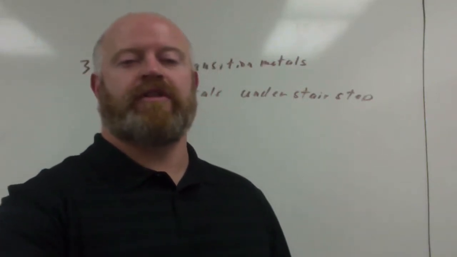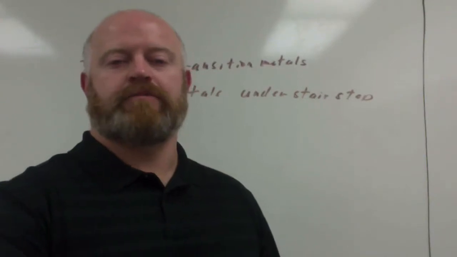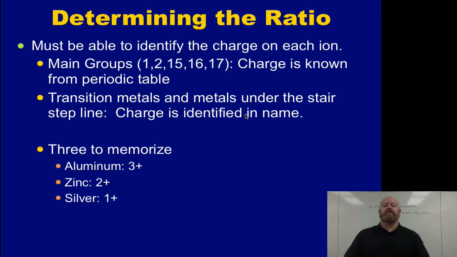When we work with these metals, by writing out the compound, we wouldn't know their charge. So instead, we have to use something in the naming system to identify that charge.